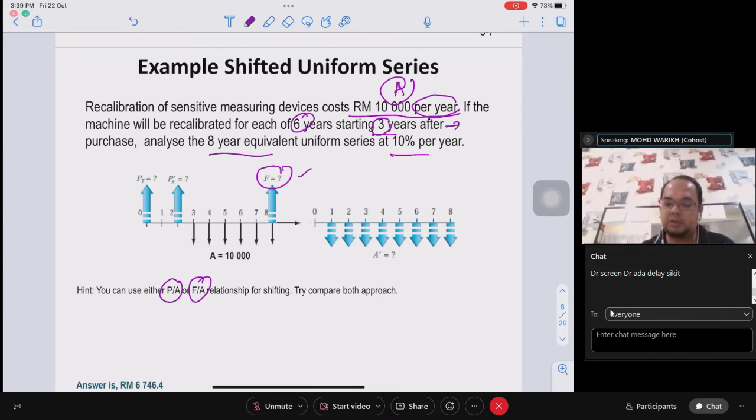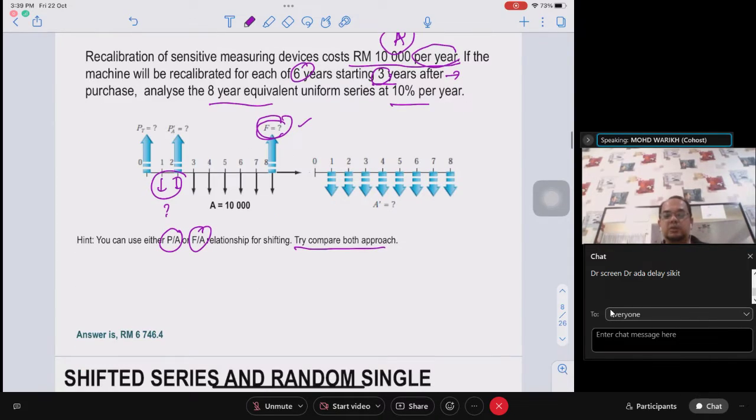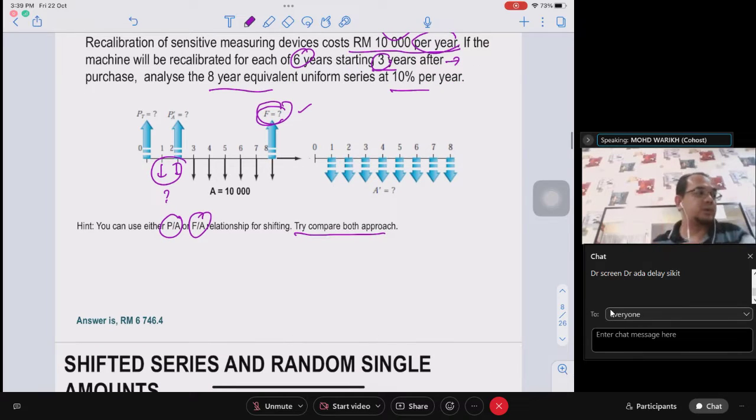Then you try to compare both approaches. Okay, we have said before, for a shifted series, you have to calculate this one also. So how to solve this problem? It's quite a long calculation. So the first thing, you find the P/A.